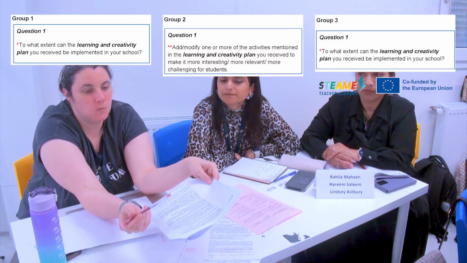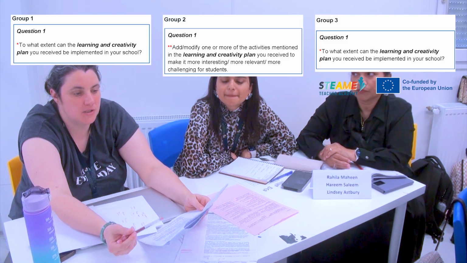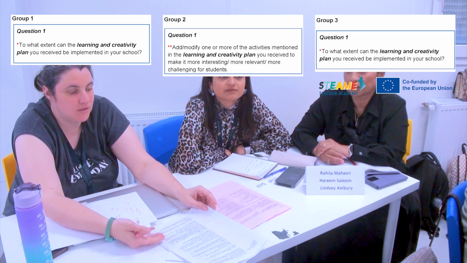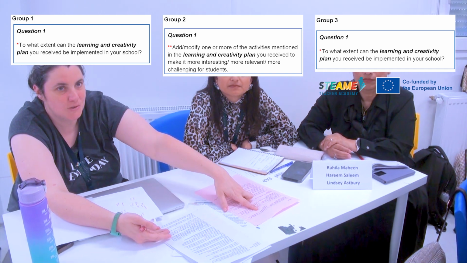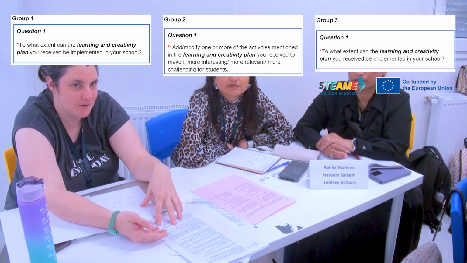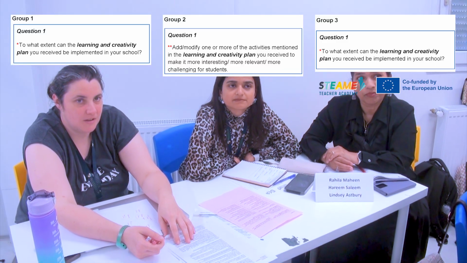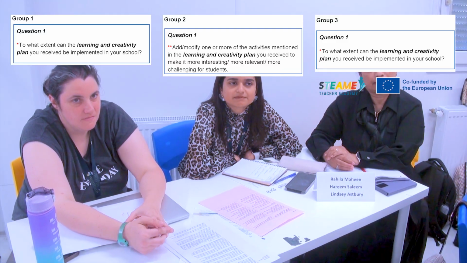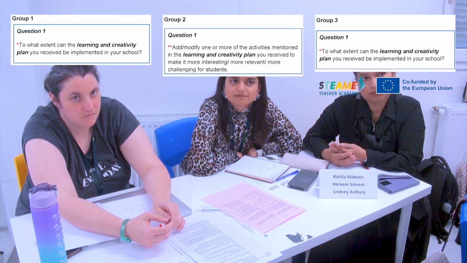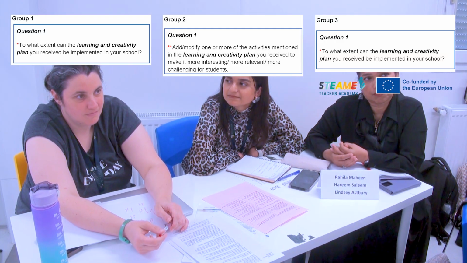But then the activities are quite linear in ordering how to do it. So implementing it in a school where you have different teachers for different subjects according to the timetable. So how could you solve this issue? Do you think you could apply this in your school? This school, we are talking about this school. To what extent can you apply it?